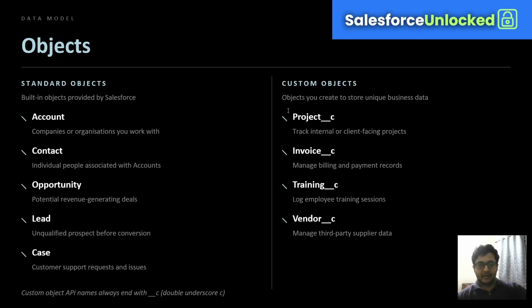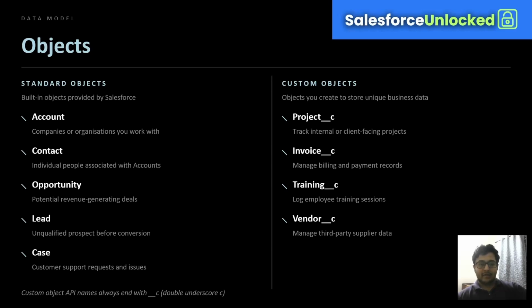Like in the slide, Account is used to store companies or organizations you do business with. Contact object stores individual people, typically linked to an account. Opportunity tracks deals in progress, anything with a potential revenue value.